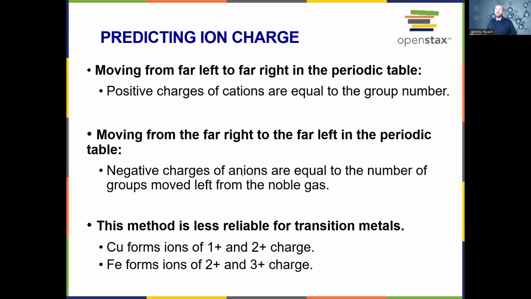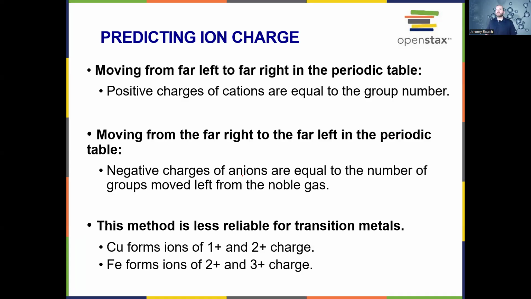All right, we can generalize this across the periodic table. From left to right, metals form positive charges equal to their group number. From right to left, nonmetals form negative charges equal to how far they are from the nearest noble gas. The transition metals are a bit less predictable.